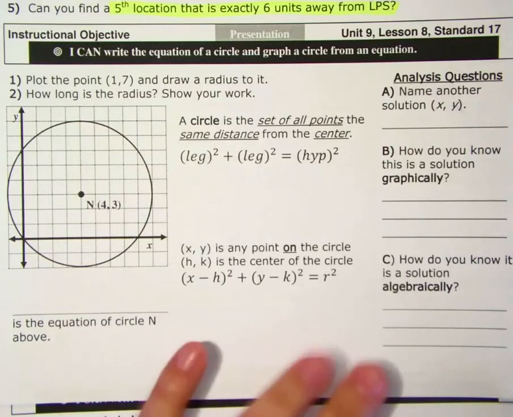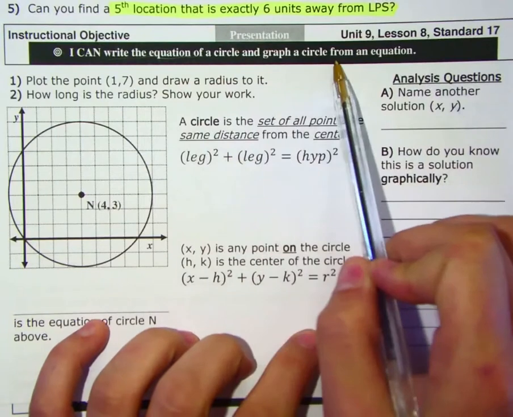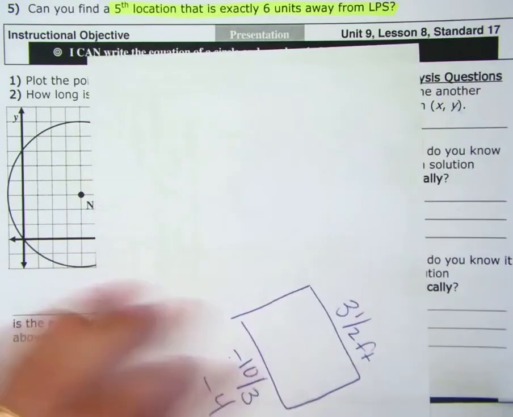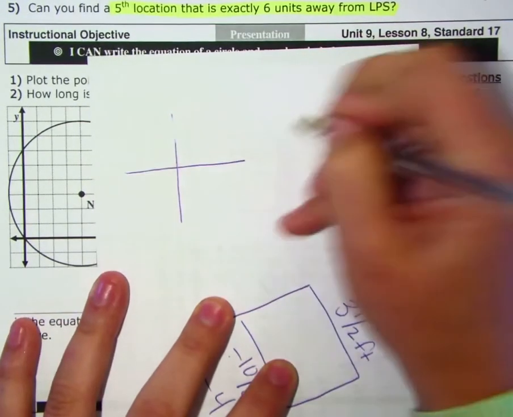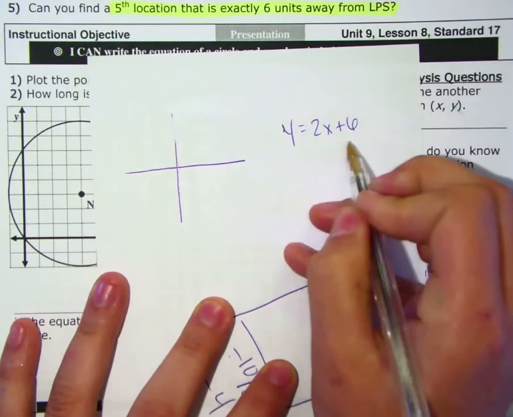Okay, so this is lesson 8, which is writing the equation of a circle and graphing the circle from an equation. So today we're learning how to graph circles, much like we would learn how to graph lines, right? Quick reminder, if you had y equals 2x plus 6, how do we graph this?